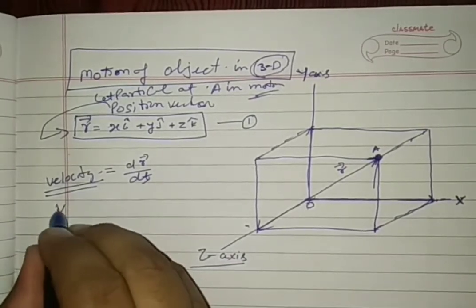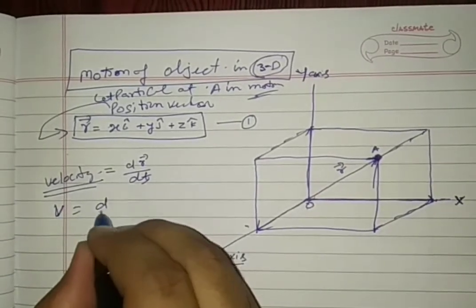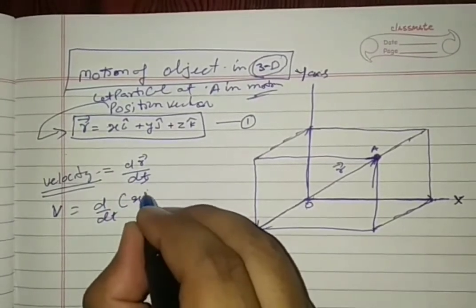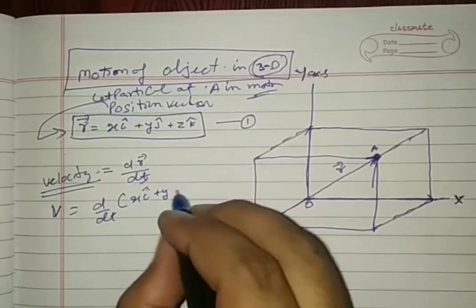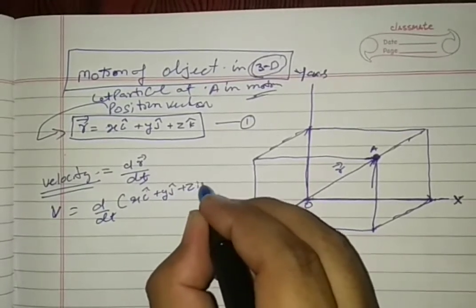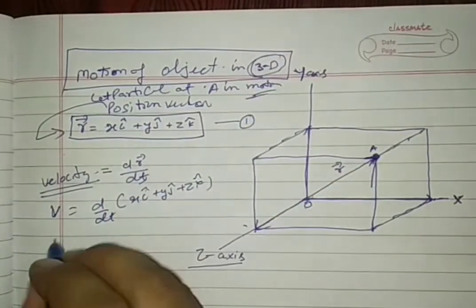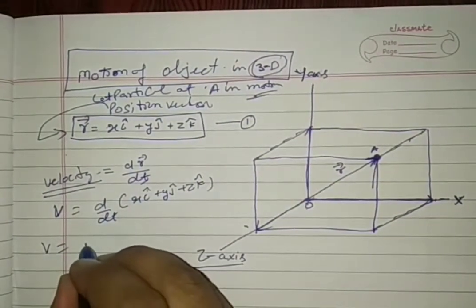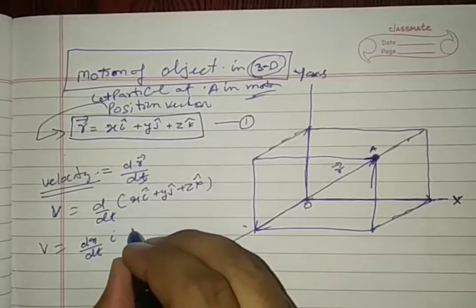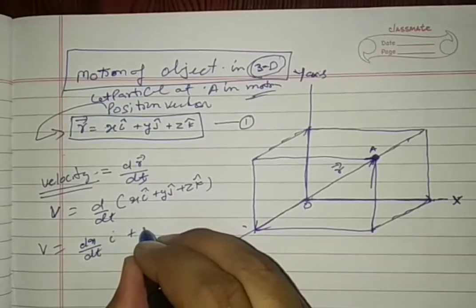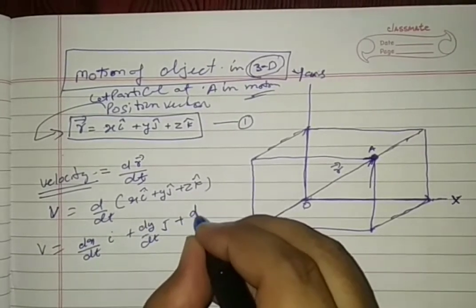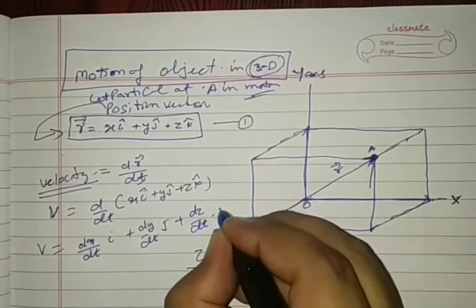So velocity is denoted by v. v equals d by dt of vector r, which is d by dt of x i cap plus y j cap plus z k cap. Now this is d by dt, open the bracket, dx by dt into i plus dy by dt into j plus dz by dt into k.